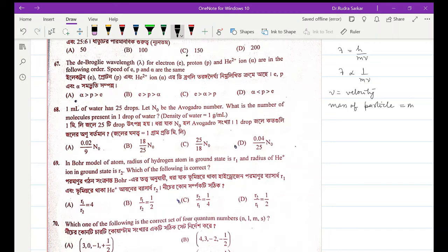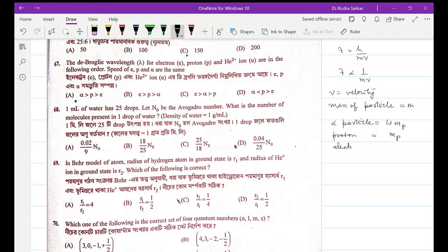So if we say the mass of helium particle, so that is going to be 4 times the mass of, so alpha particle we know its mass is 4 times that of the mass of a proton. For proton, that is nothing but mp.